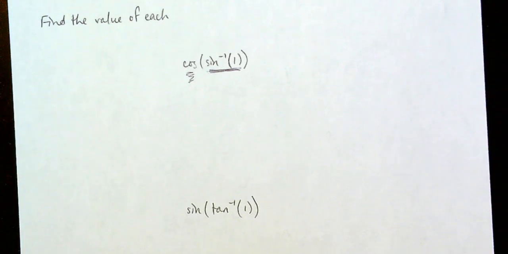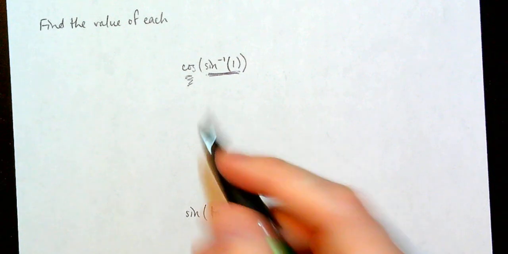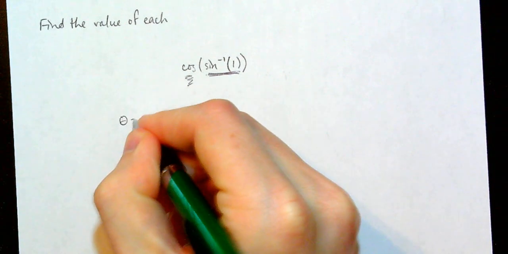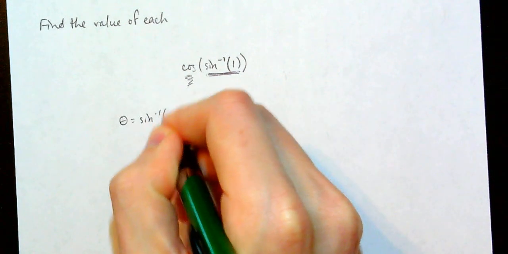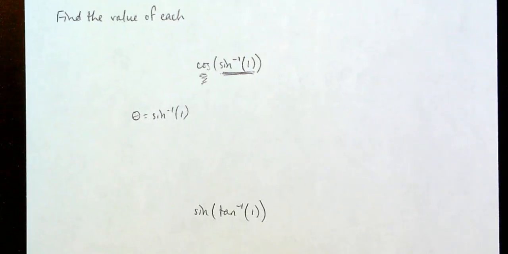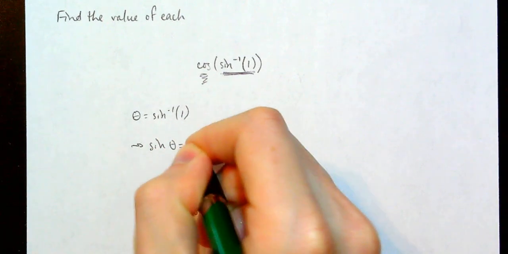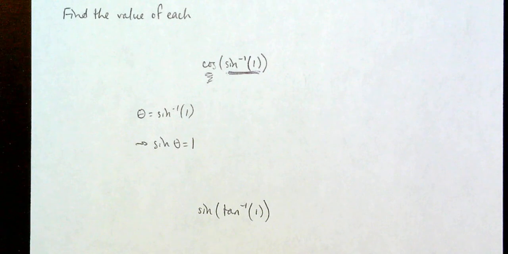So for now, I'm just dealing with what is the inverse sine of positive 1. So I'm going to set that thing equal to theta. I'm going to rewrite it by taking the sine of both sides. I need the angle theta such that when I plug it into the sine function, I get a positive 1 out.